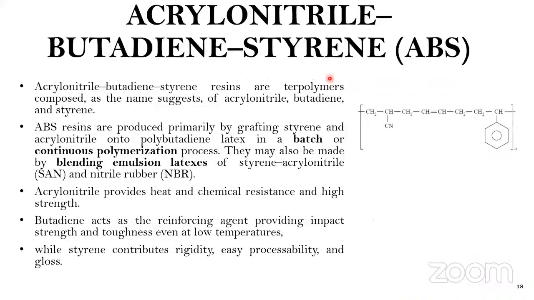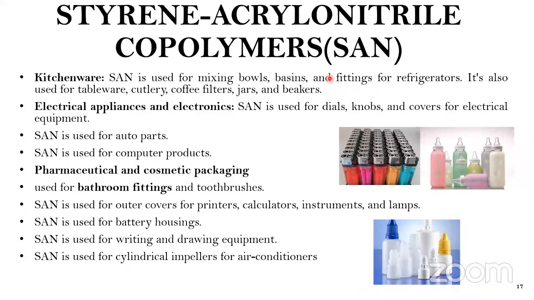SAN is used for auto parts. Which auto parts? I don't know exactly, but auto parts means where we are using pneumatic or hydraulic systems. There, we use this styrene acrylonitrile copolymer.